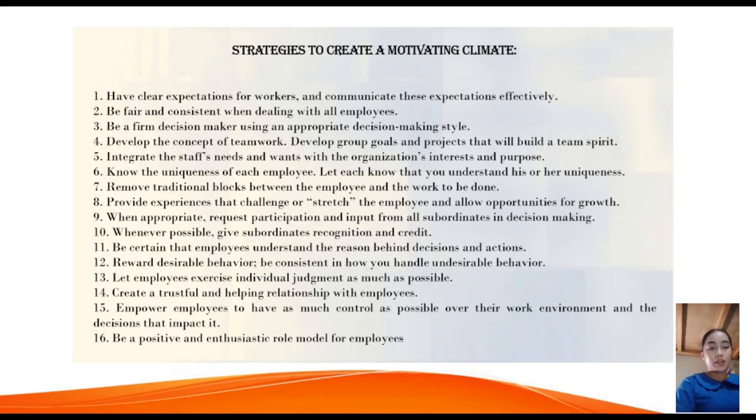Reward desirable behavior. Be consistent in how you handle undesirable behavior. Let employees exercise individual judgment as much as possible. Then create a trustful and helping relationship with employees. Empower employees to have as much control as possible over their work environment and the decisions that impact it, and be a positive and enthusiastic role model for employees.